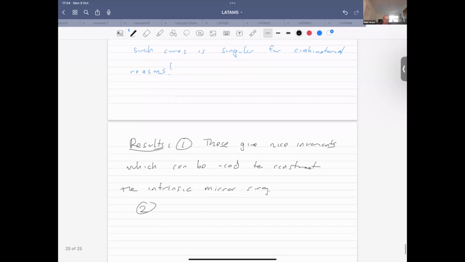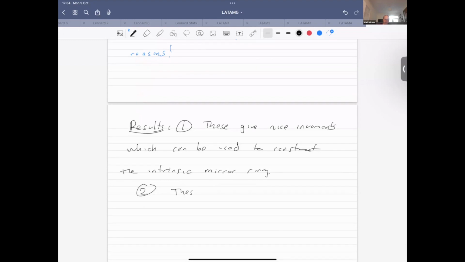And secondly, these invariants can be used to construct consistent wall structures.